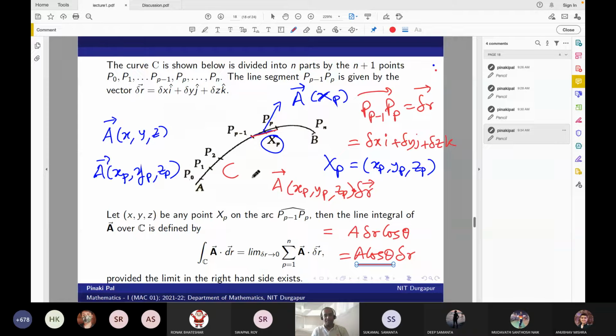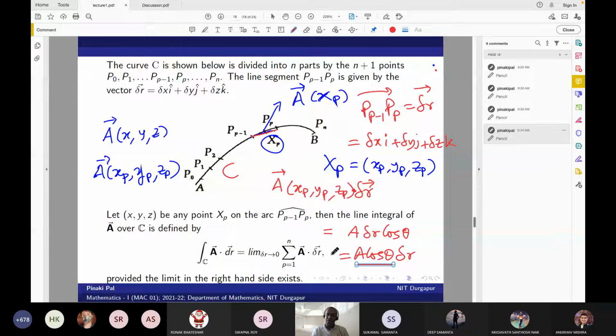Instead of considering the component along this, you could have kept the vector itself and multiplied with delta R. That could have been your line integration element, but this one is very common.